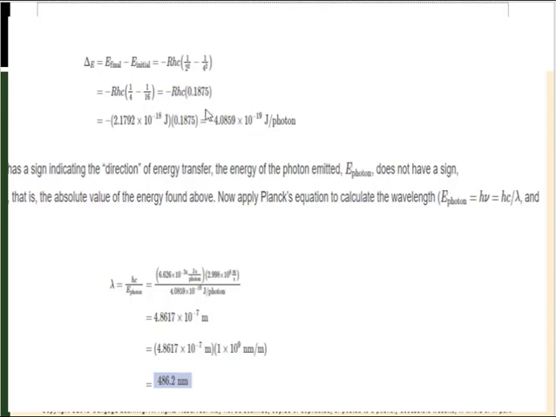We should get negative 4.0859 times 10 to the negative 19th joules per photon. Now we know that it's negative because we are falling, we are emitting light.